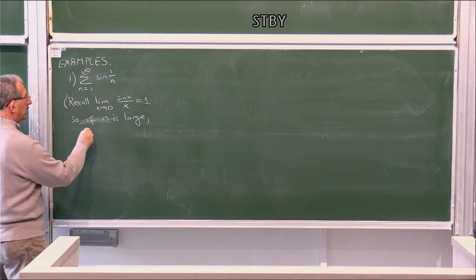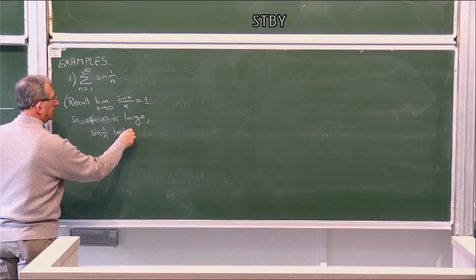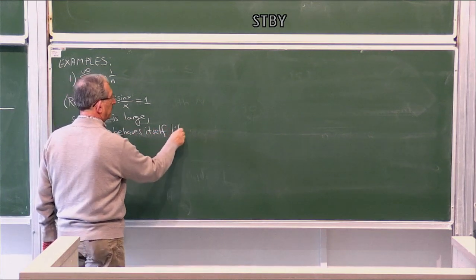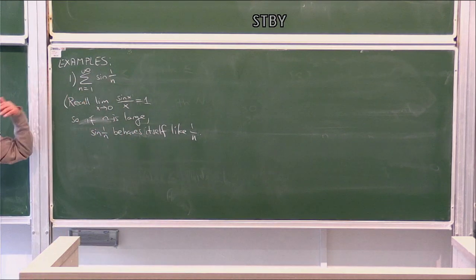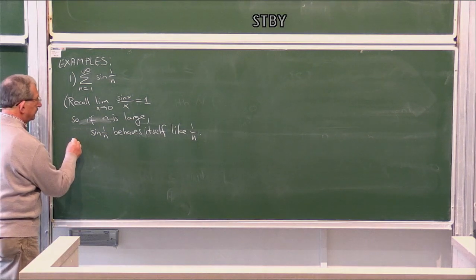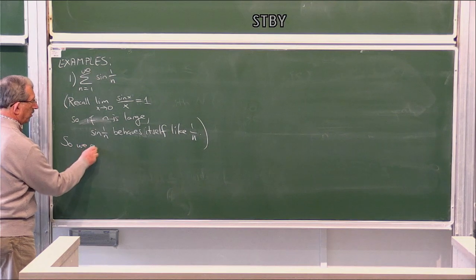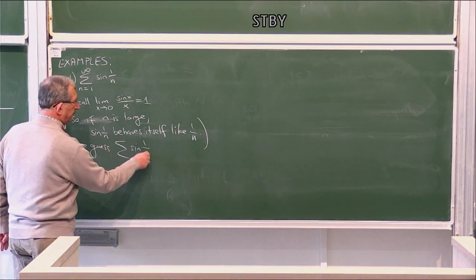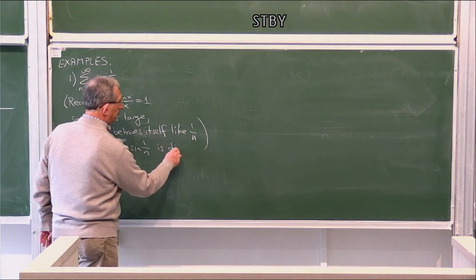So, x going to 0, of course, is equivalent in the sequence form to n goes to infinity. So if n is large, sine 1 over n behaves like 1 over n, because the ratio goes to 1 in the limit. So we guess that the series sine 1 over n is divergent.